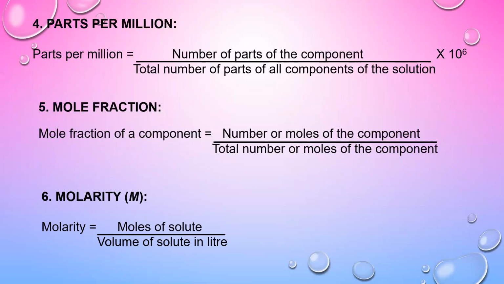Then what are we going to do? 1 molar NaOH means 1 mole of NaOH present in 1 liter of the solution, and a 0.2 molar solution means 0.2 moles of NaOH dissolved in 1 liter of solution.